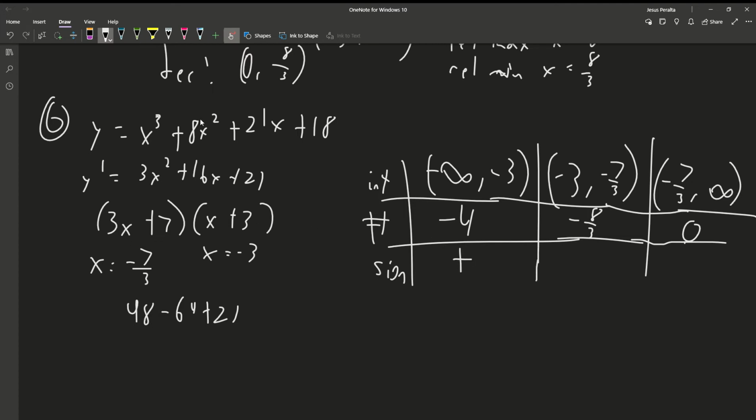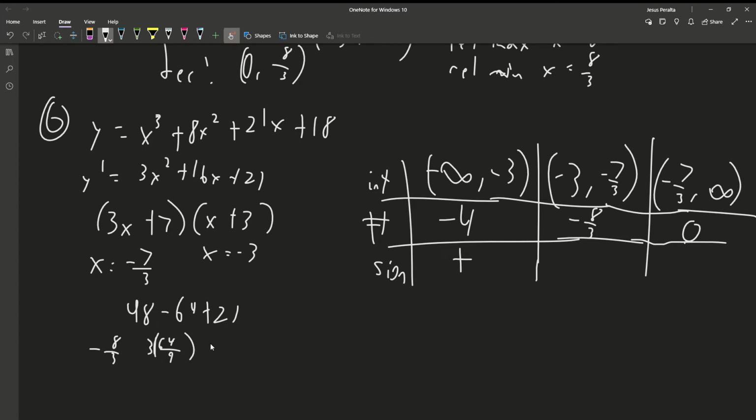We plug in negative 8 over 3. This is going to take a lot longer than I thought it would. So we plug in negative 8 over 3 squared, which would be 64 over 9, times 3.